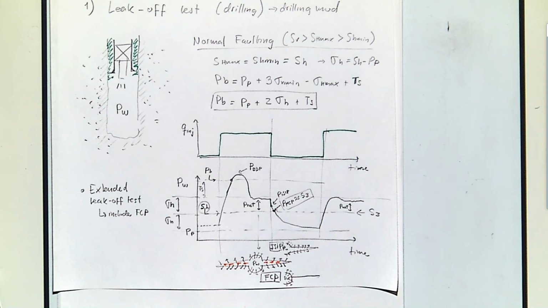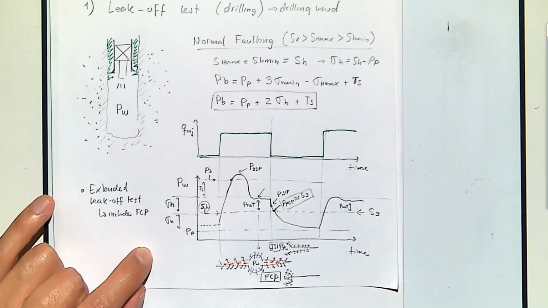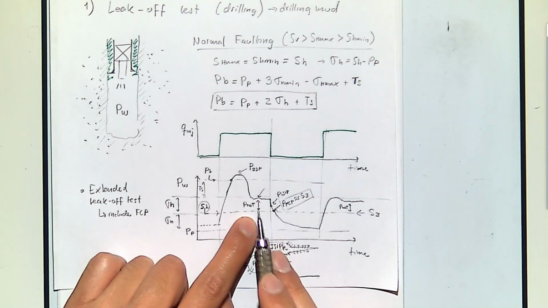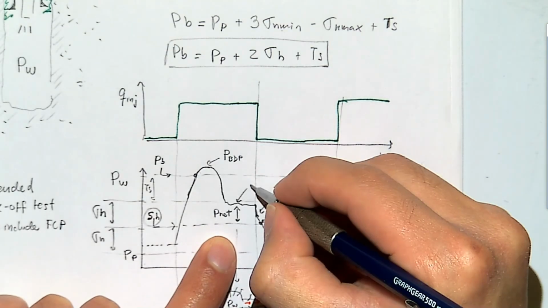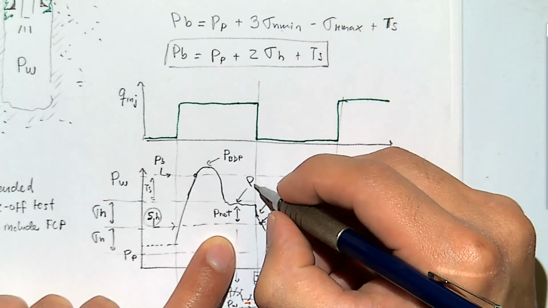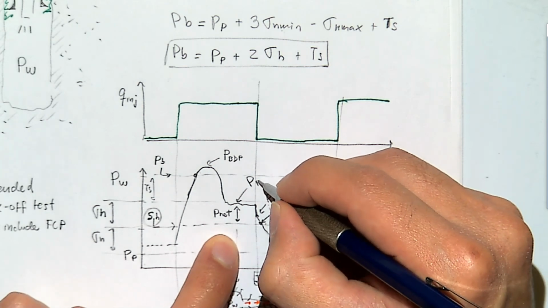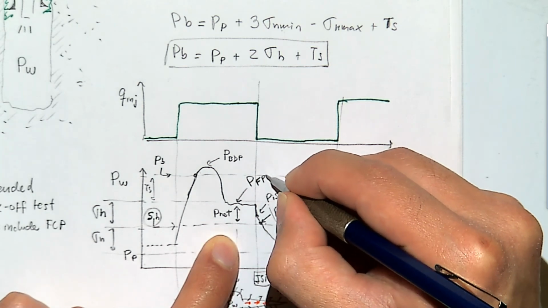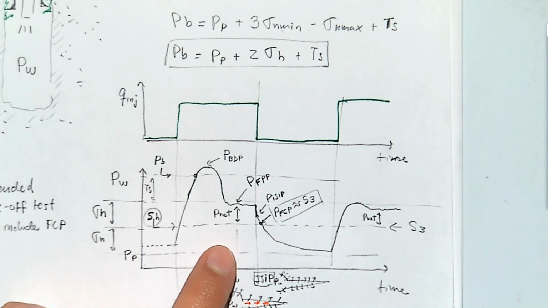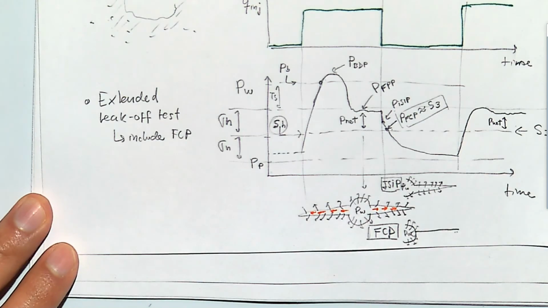Okay, let me see if I forget anything. Another pressure which is very important is this pressure over here. We said the difference between this and that is net pressure, but here this is going to be the fracture propagation pressure. Let me write down all of these acronyms.